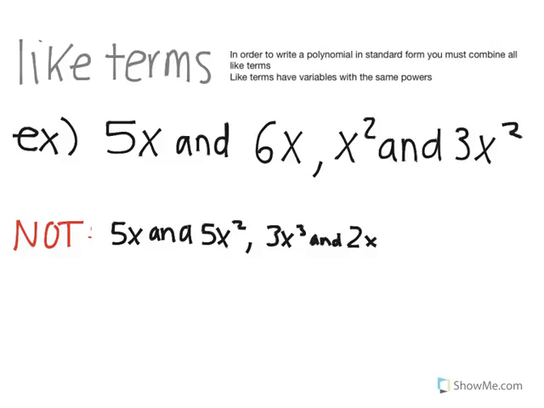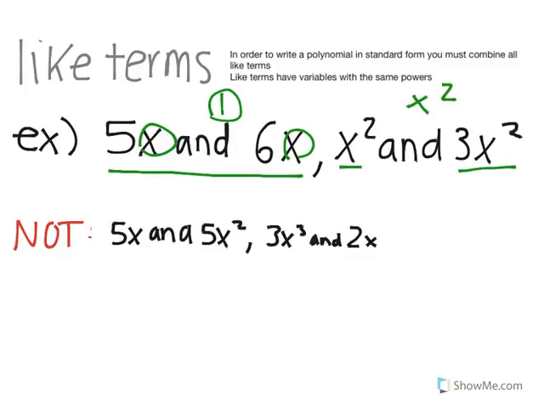Okay, like terms. In order to write a polynomial in standard form, you must combine all like terms. Like terms have variables with the same power. So examples here could be 5x and 6x because they both have a variable with a power of 1. And then another example is x squared and 3x squared. They both have the variable x squared, so they are like terms.